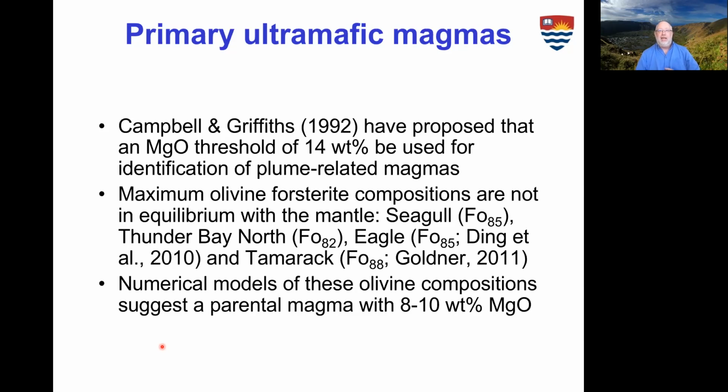So if we go back and take the forsterite olivine compositions, back calculate from that for a whole bunch of them, they're all coming in around forsterite 82, 85, 88. You do the calculations, you back count them. Jeff Heggie was involved with this and the Seagull stuff. You end up with 8 to 10 weight% for the original parental magma. So yes, there are ultramafic intrusions, and they're interesting from a mineralization point of view, but they're perhaps not telling you about there being ultramafic magmas in these parental magmas.